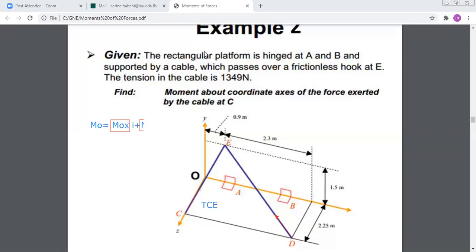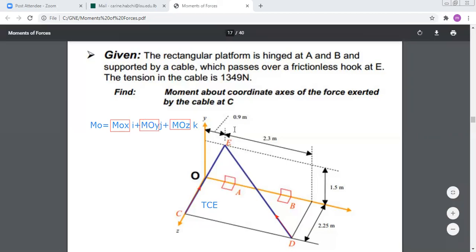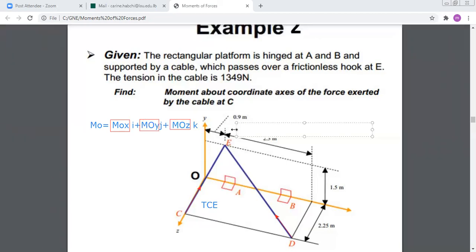So these are the coordinates of E. So for E, it's equal to 0.9 along I, and 1.5 along J, and 0 along K. While for point C, it's simply 0, 0, and 2.25.